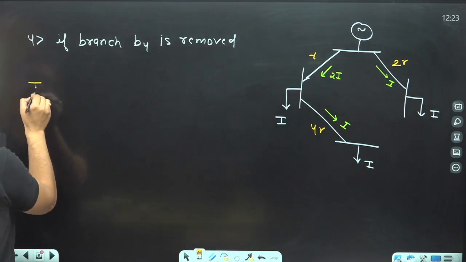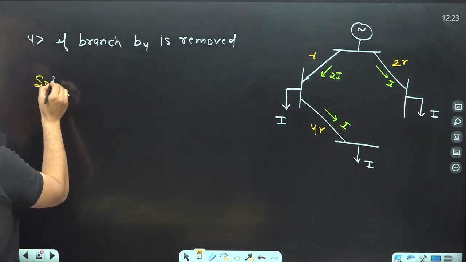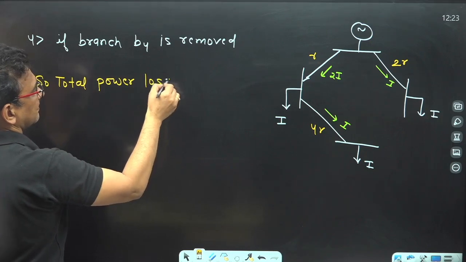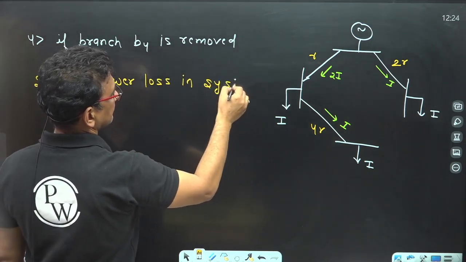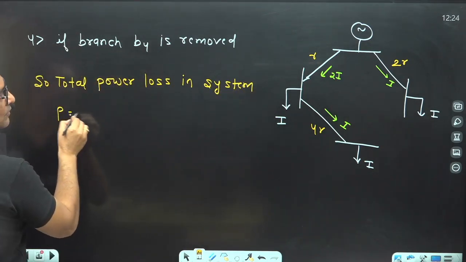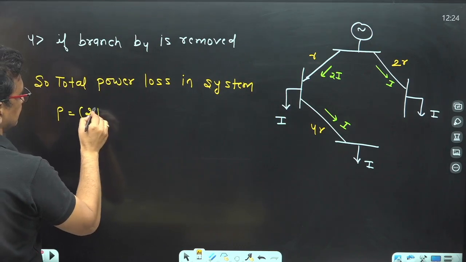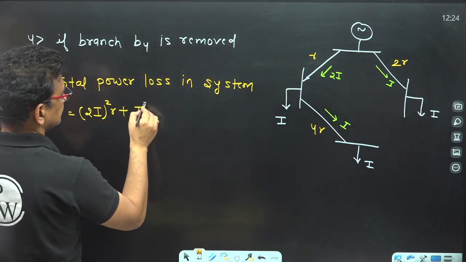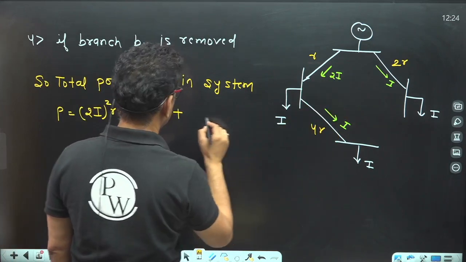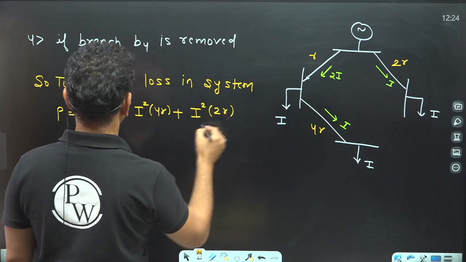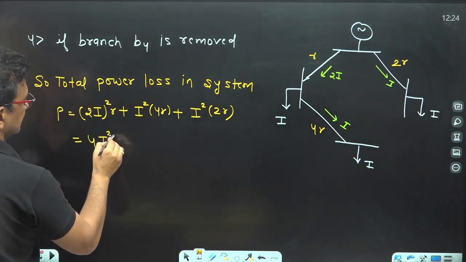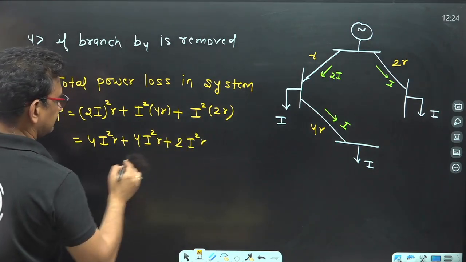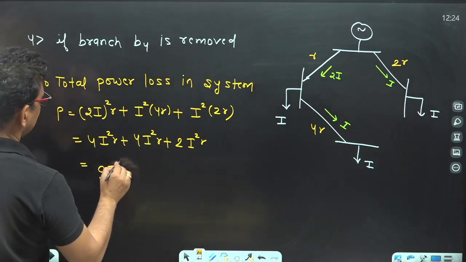So the total power loss in the system is P equivalent to 2I square into R, plus I square 4R, plus I square 2R.